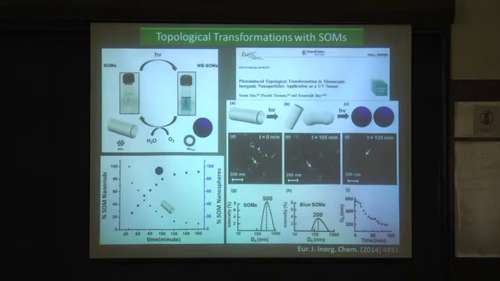So here we again start with this type of SOM. This is a molybdenum 7 based SOM. We shine light on it. If you look at the structure of the unit, it has a hexagonal symmetry, a C6 type unit.